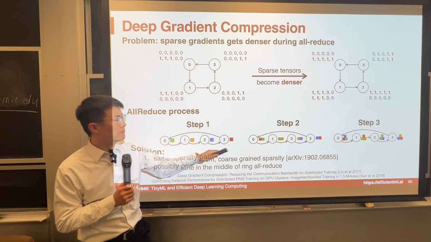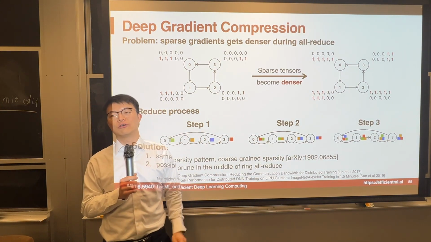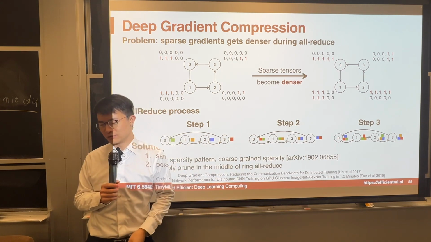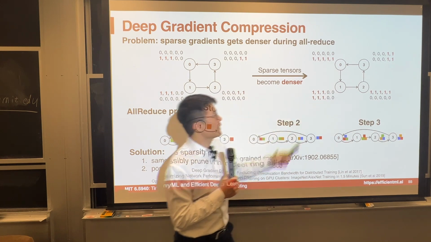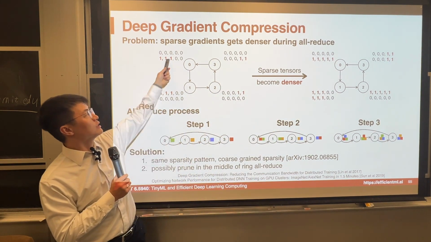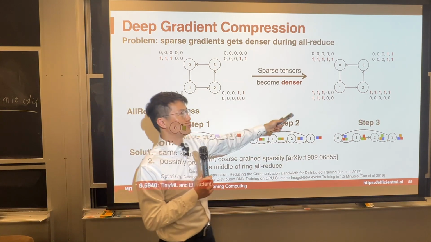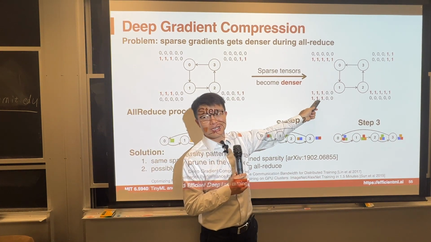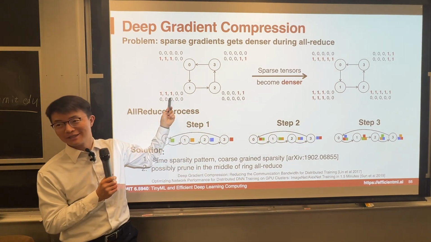After one iteration, node 1 has the information from itself and also from node 0. So in this case, node 1's sparsity pattern will be this plus this, from 0 and also 1. But what happened here? It's getting denser. Previously it was pretty sparse.